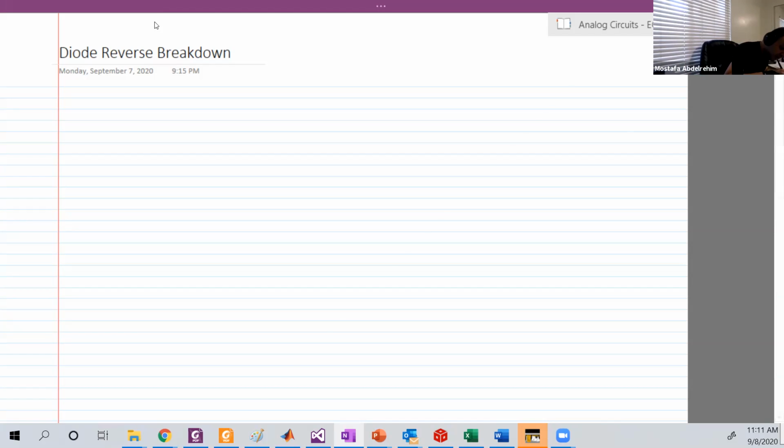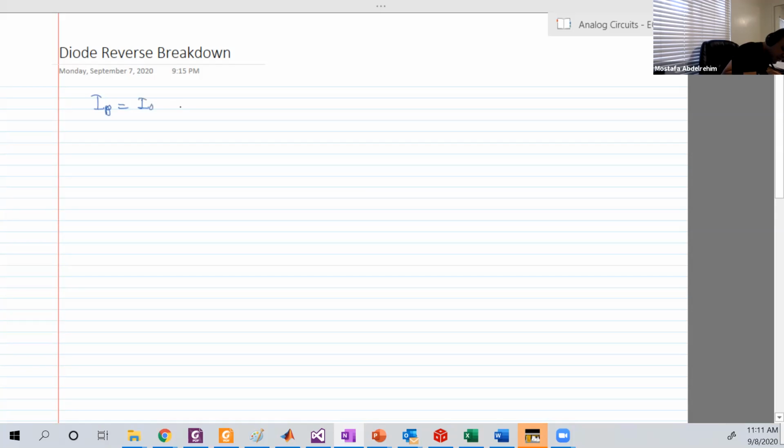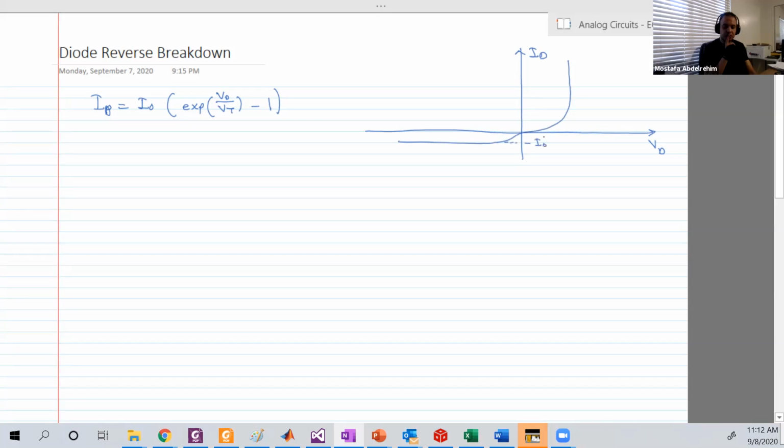Till this moment, we learned that ID equals I naught times e to the VD over VT minus 1. If we draw this relation, ID versus VD, it will be something like this. And this is minus I naught. Good.